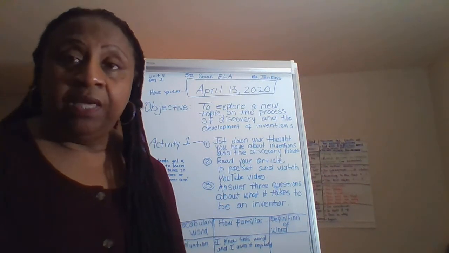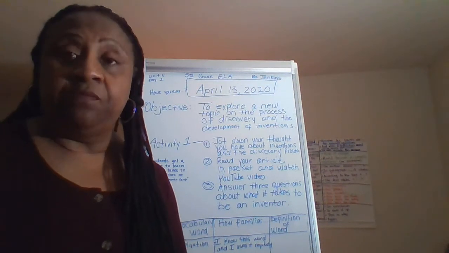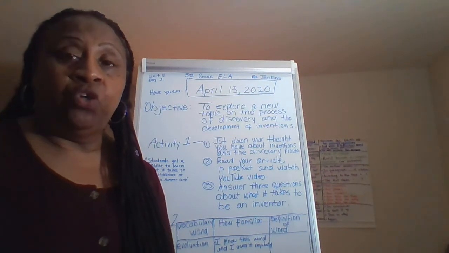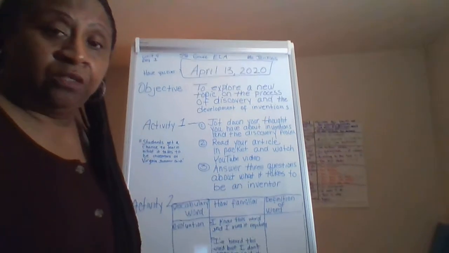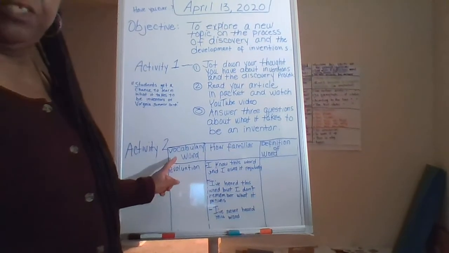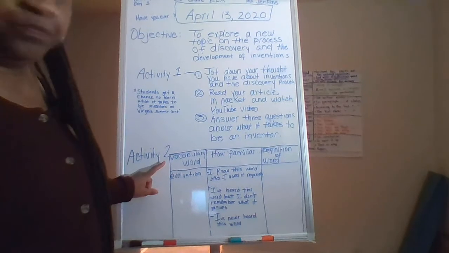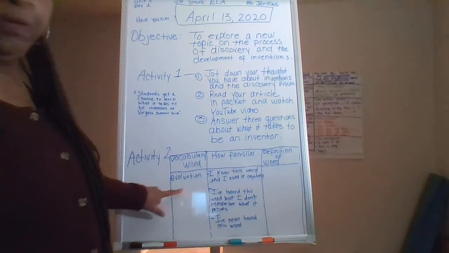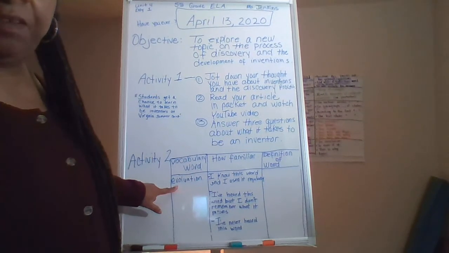Activity 2 is mostly dealing with your content vocabulary. So you're going to see a little chart or an organizer that looks similar to this. Okay? In the first column, you'll have your vocabulary word. For example, I have "evaluation" here.